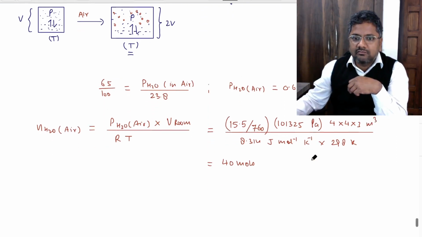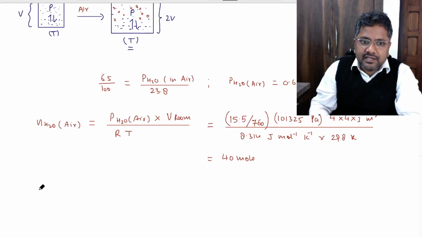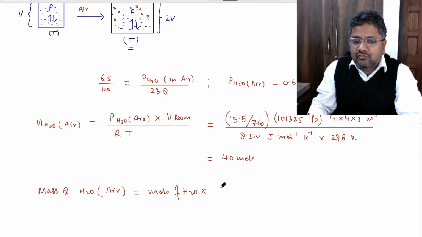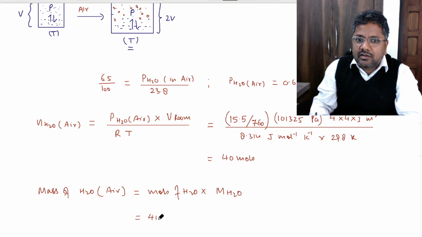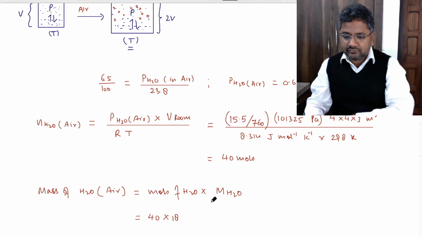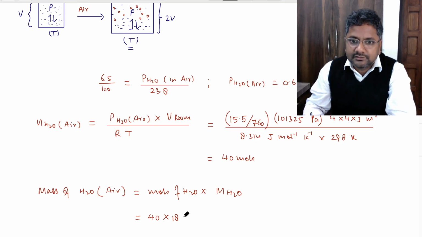So what mass of water is present in the air? The mass of water in air is equal to moles of water into the molar mass of water. So this is equal to 40 into 18, which becomes 720 gram, right?